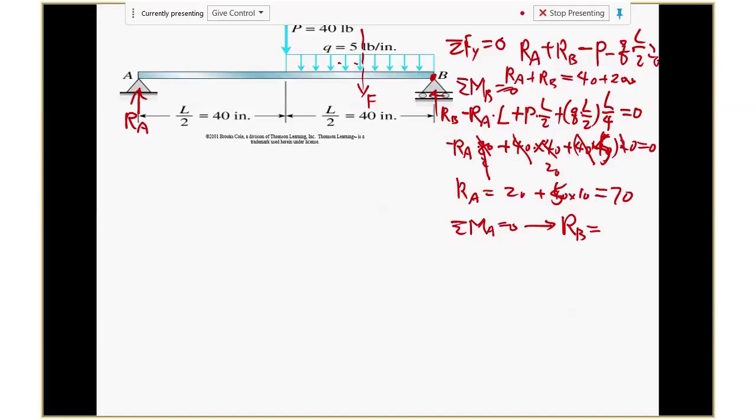So total is 240, right? Okay, so what's RB? Let me write one more here. So you have RA, that's 70, plus RB equals 40 plus 200, 240. Now what's RB? 170. Okay, so 170.